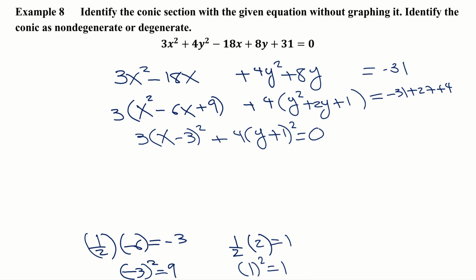Now, if we go ahead and divide both sides by 12, we can get it into a more familiar format. So we get (x - 3)^2/4 + (y + 1)^2/3 = 0. 0 divided by 12 is just 0, right? As you can see, you should recognize this as one of the forms we've seen for the degenerate ones, which will generate a point once again.